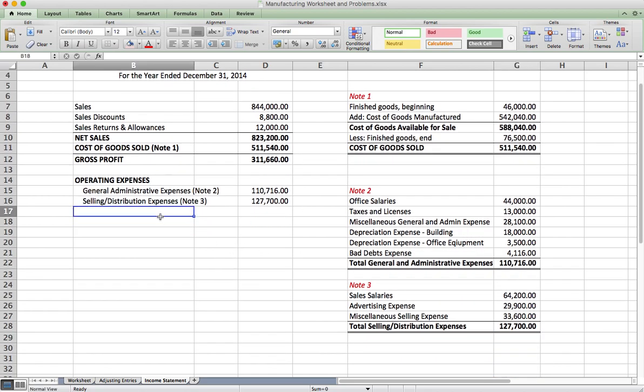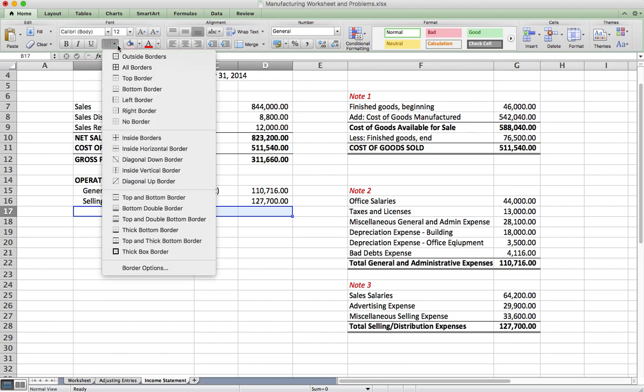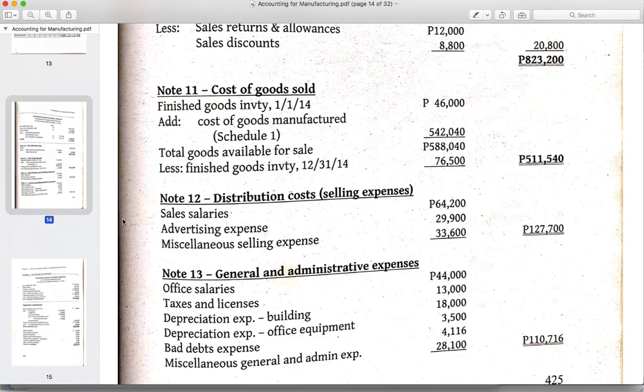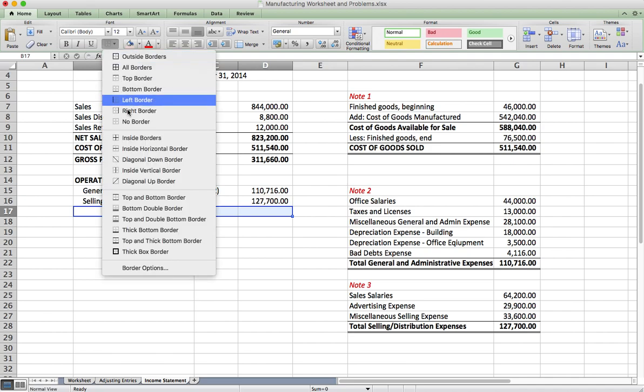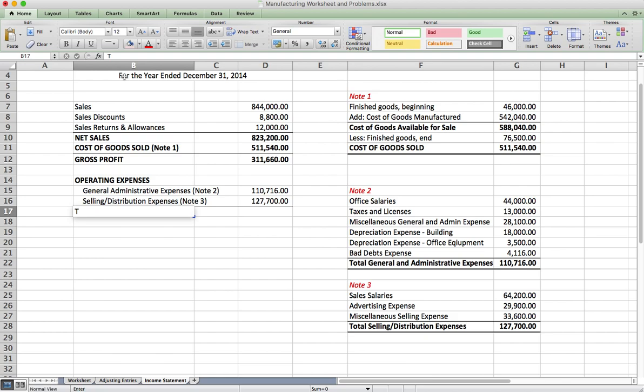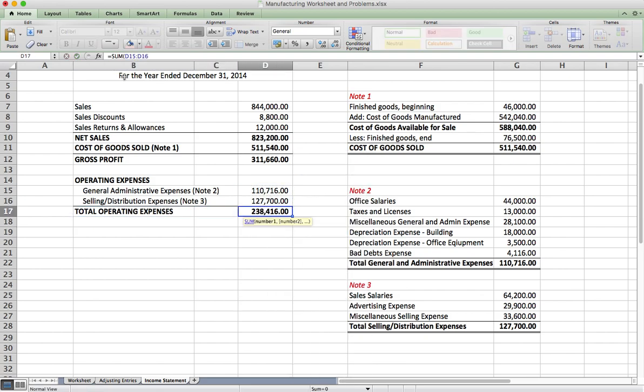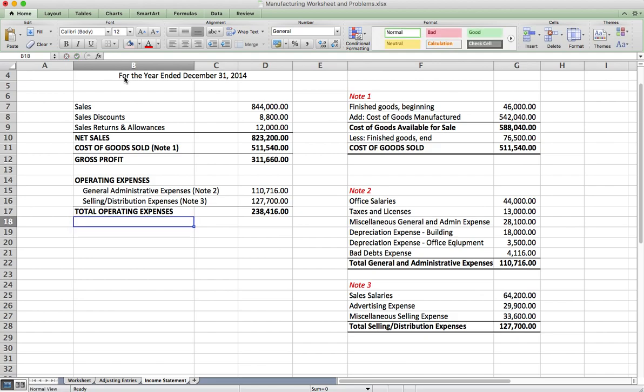And then, i-total natin ito. We'll get our total operating expenses. And then, you'll get our net income. Net income before taxes.